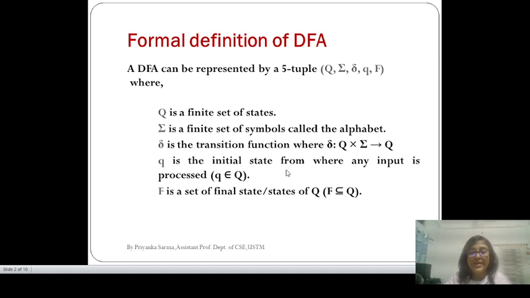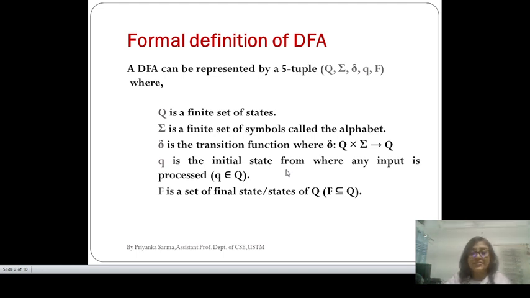So before starting the construction part of DFA, let me explain again the formal definition of DFA. A DFA can be represented by a 5-tuple: capital Q, sigma, delta, q0 and capital F, where capital Q is a finite set of states and sigma is a finite set of input symbols called the alphabet.